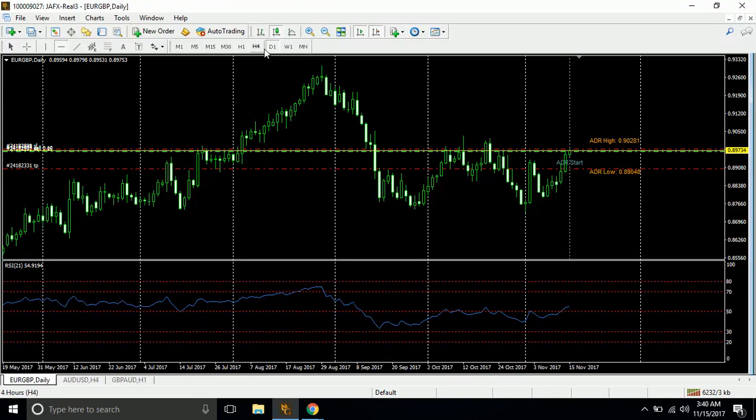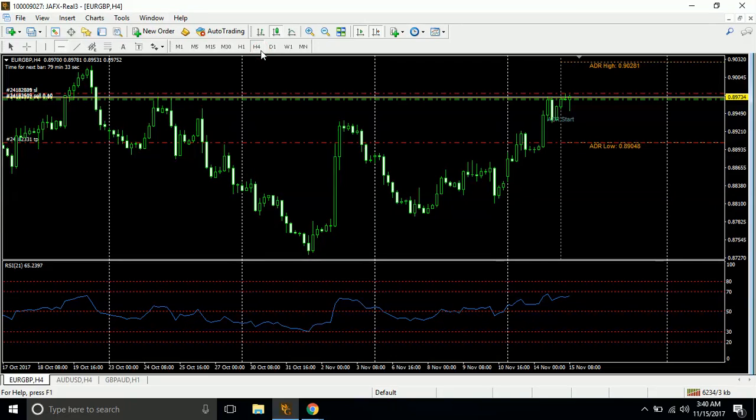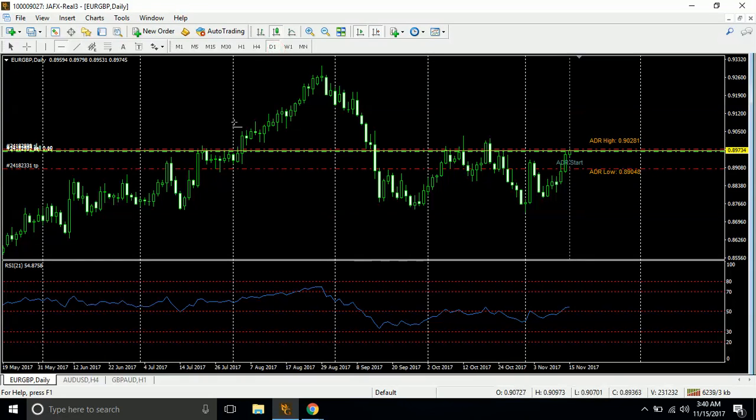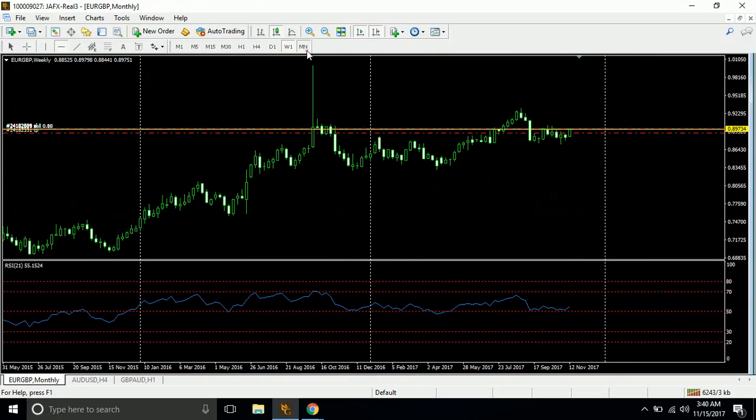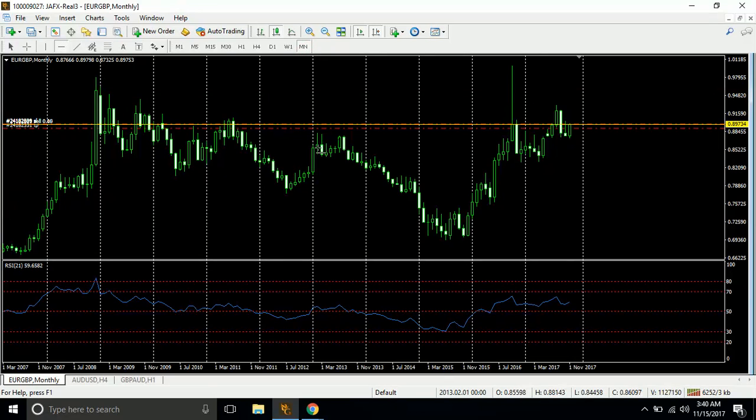On the 4 hour chart, each period from here to here is 1 week. On the daily, from here to here is 1 month. On the weekly and the monthly, it's years. You see how there's 1, 2, 3, 4, 5, 6, 7, 8, 9, 10, 11, 12, 12 candles.